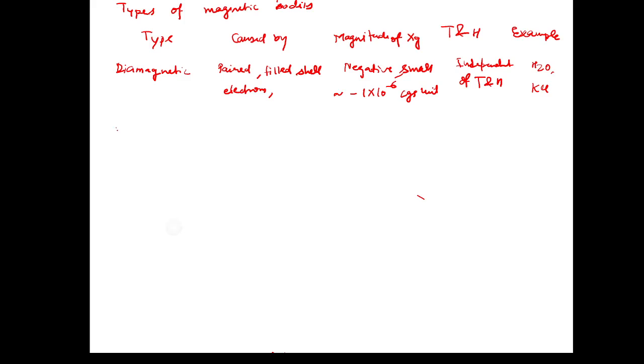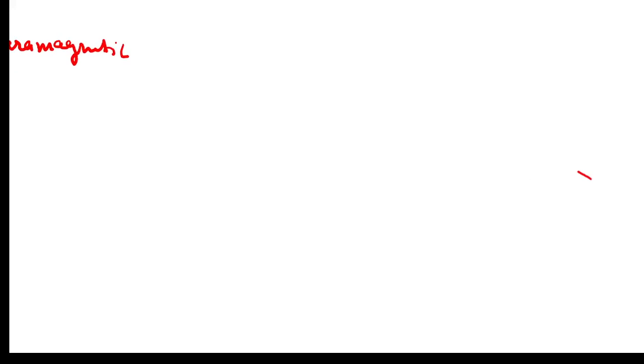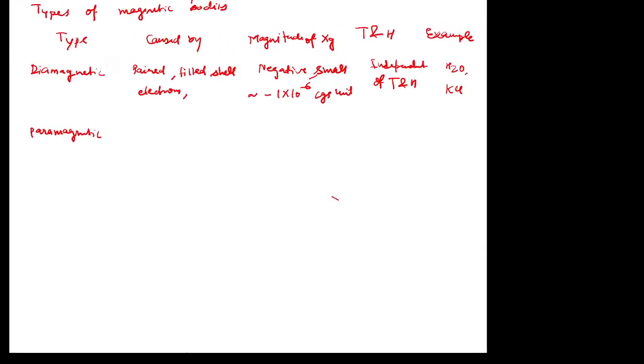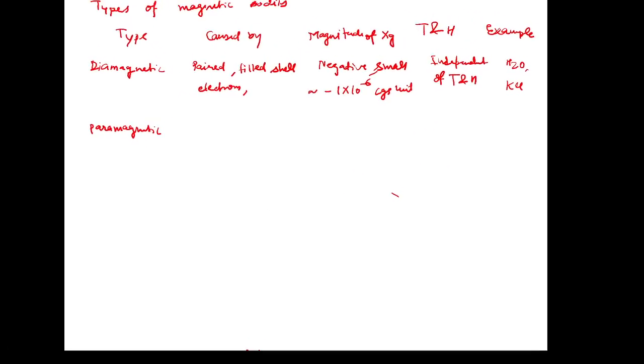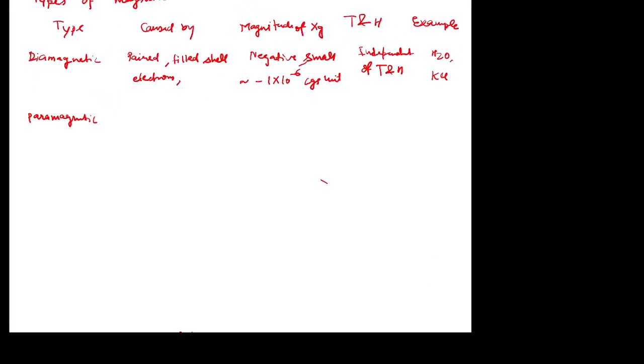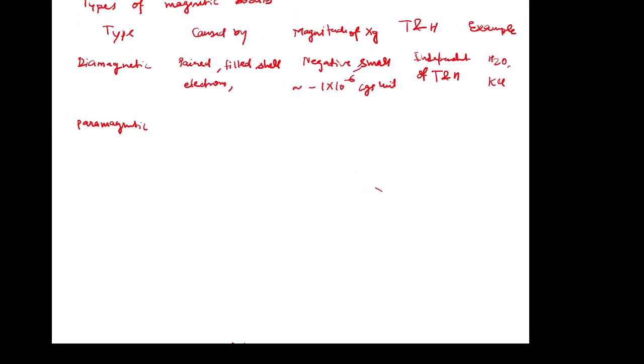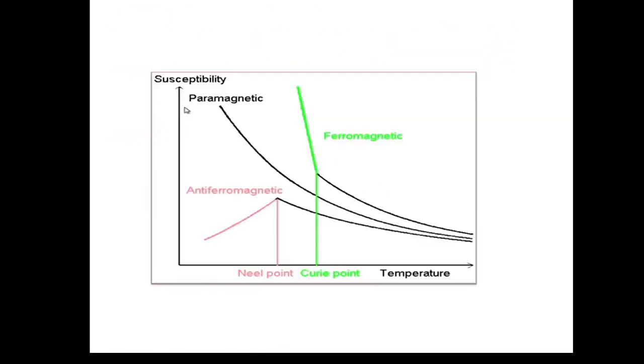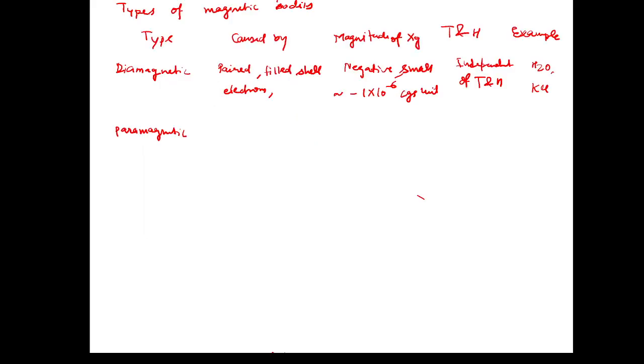Coming to the paramagnetic, paramagnetism comes due to the unpaired electron.